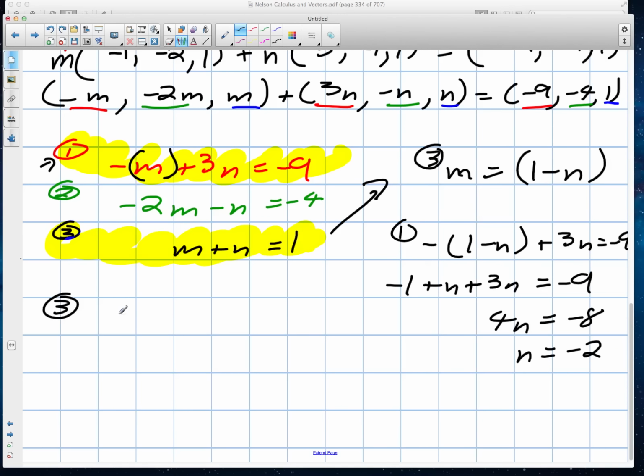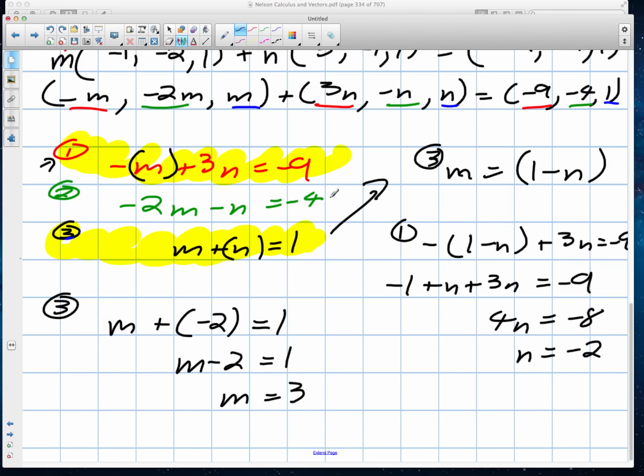So I take equation 3: m plus our value of n, which is negative 2, is equal to 1. So m minus 2 equals 1. m is equal to 3. According to this, m is equal to 3. That's with those 2. We have to make sure this is true now.